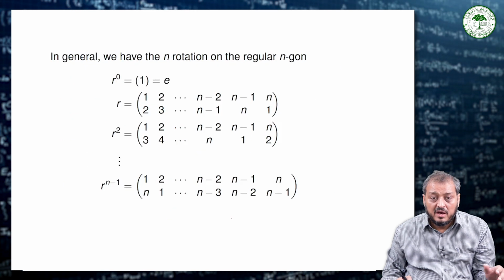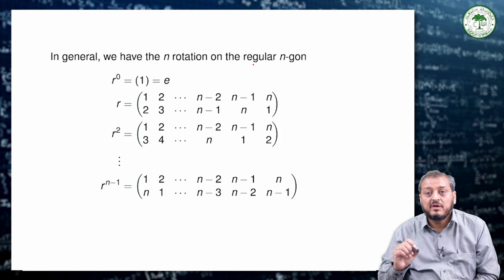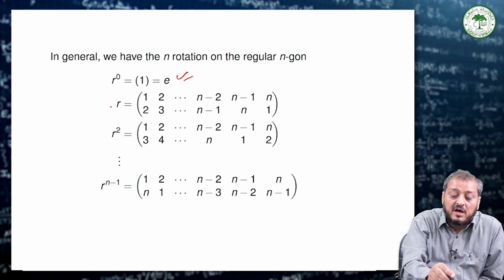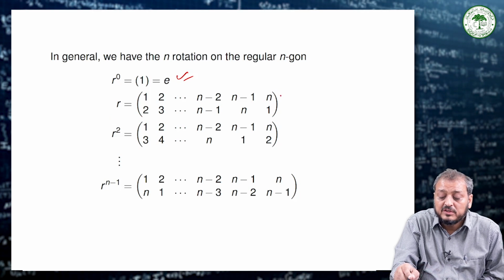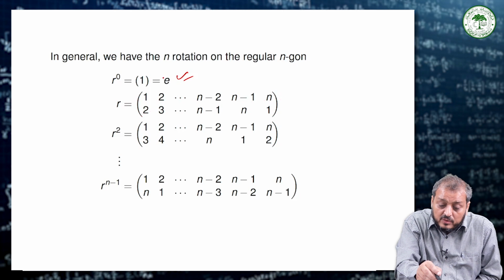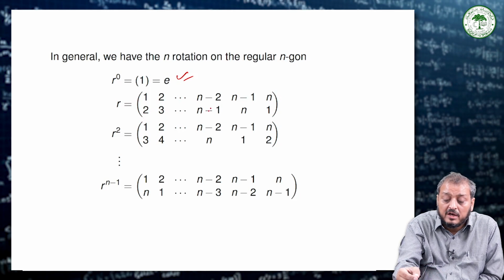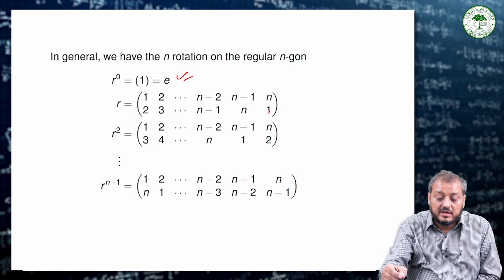Now in general, for example, we have n rotations of a polygon. So r0 is the identity, and then r is the map 1 to 2, 2 to 3, up to n minus 1 to n, and the last one, n, goes to 1, by the cyclic notation.